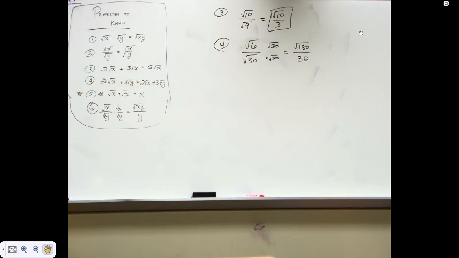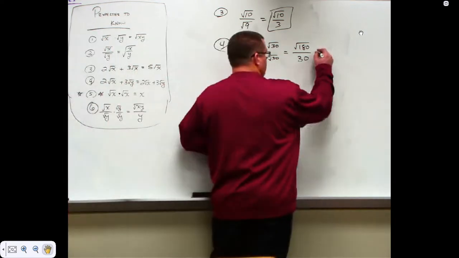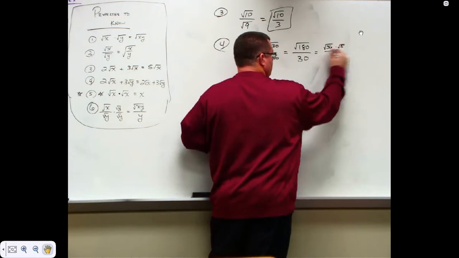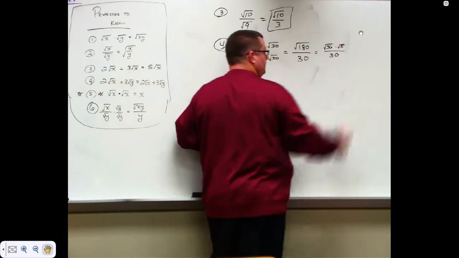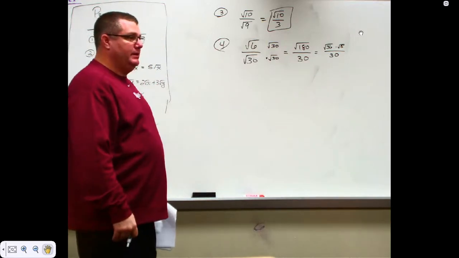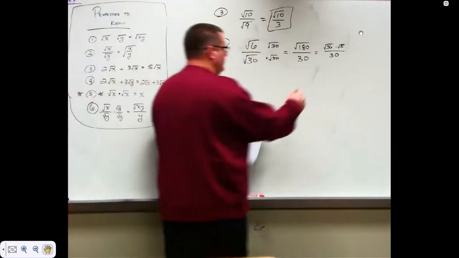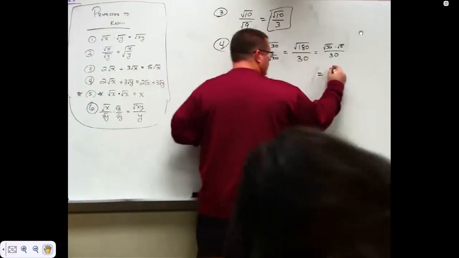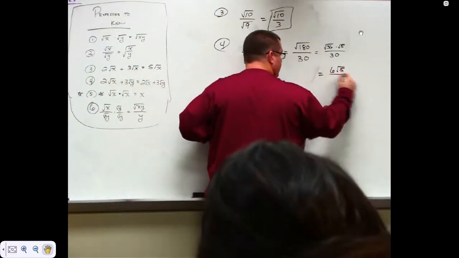It's actually 36. You guys see that? 5 times 30 is 150. 5 times 6 is 30. What is the square root of 36? So this is now 6 square roots of 5 over 30.